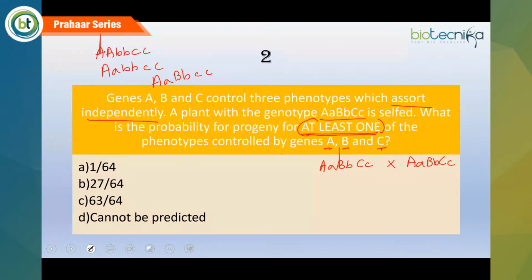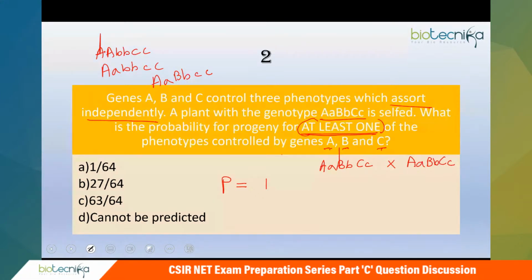What will be the shortcut? See, the ultimate probability will be equal to 1. Sakina, you are absolutely correct. Biotechy, I'm sorry, your answer is wrong. So this ultimate probability will be equal to 1.